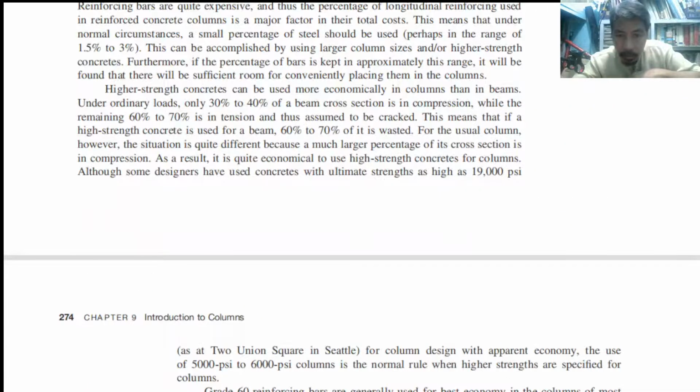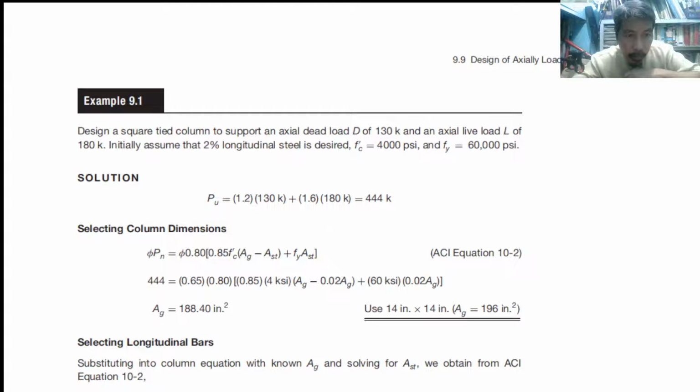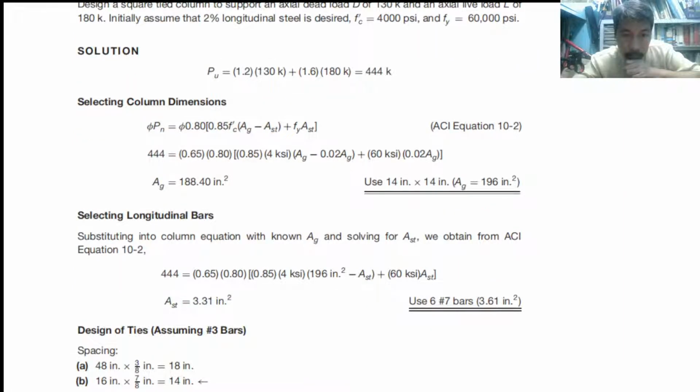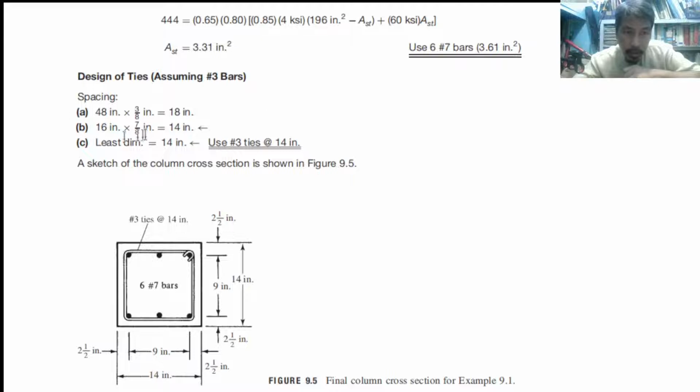Anyway, those are the code provisions for a tied column. Since that is the spacing, you have to select the smallest, no? So the spacing is closer to one another. 14 inches is closer compared to 18 inches. So use this one.